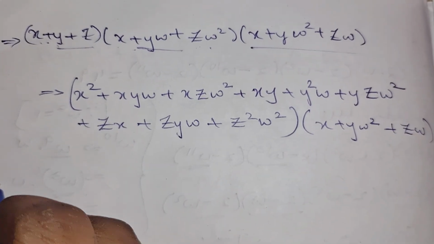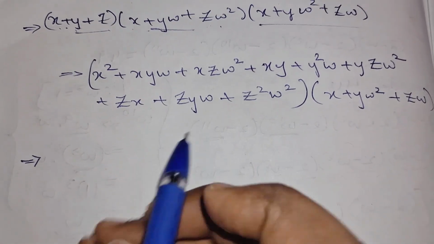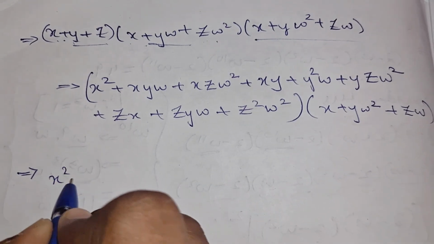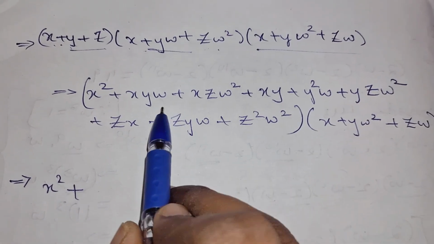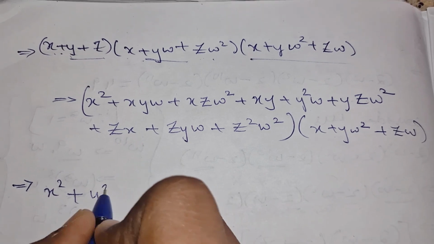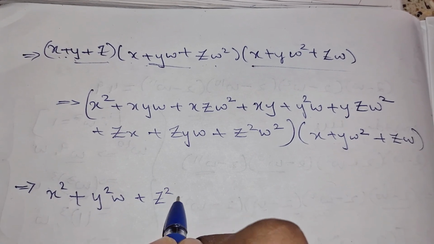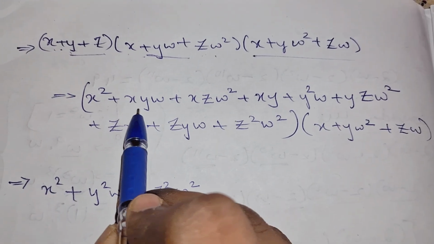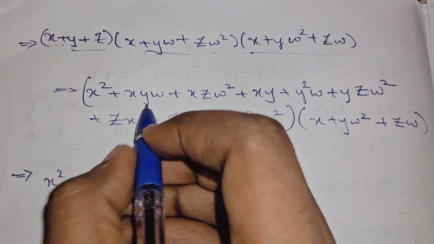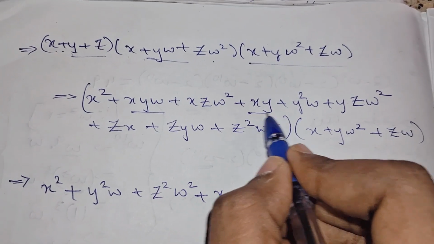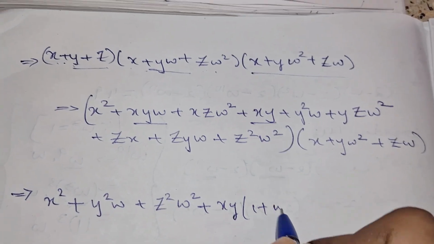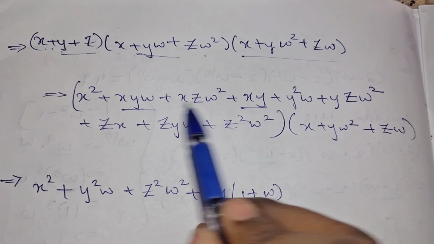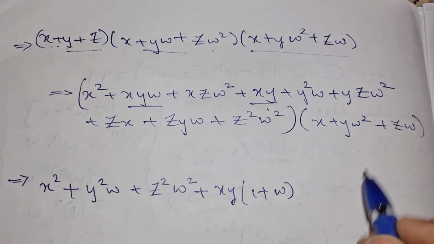Now we'll take x square, y square and z square terms separately first. So x square plus y square omega, and here we have z square omega square. Now I will take xy common here. If I take xy common, I will be left with 1 plus omega, that is xy and xy omega, or omega plus 1 also you can write.